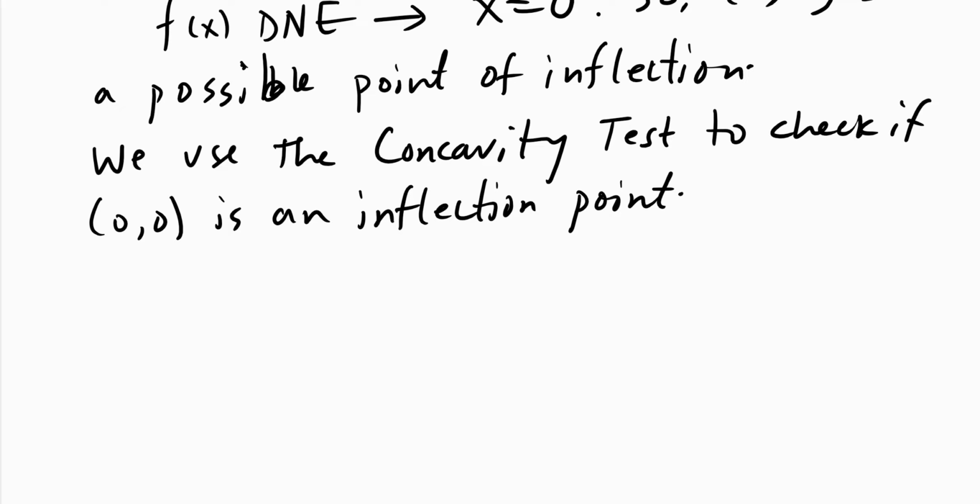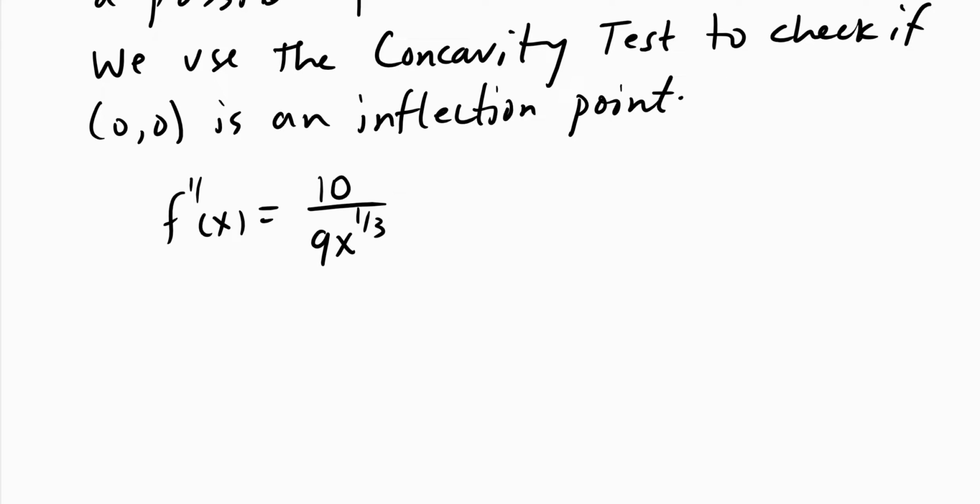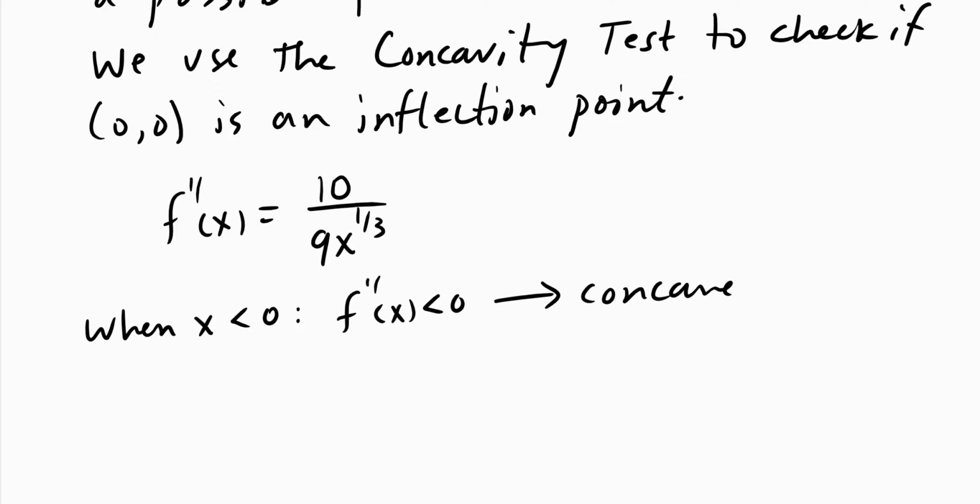Looking at the second derivative again, it was 10 over 9 x to the 1/3. Notice when x is less than 0, the second derivative is less than 0, so the function concaves downward.